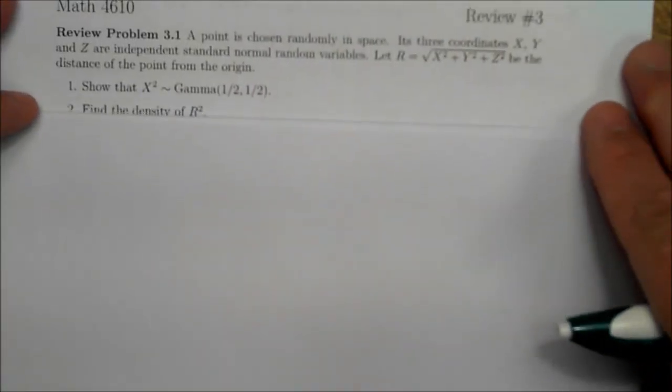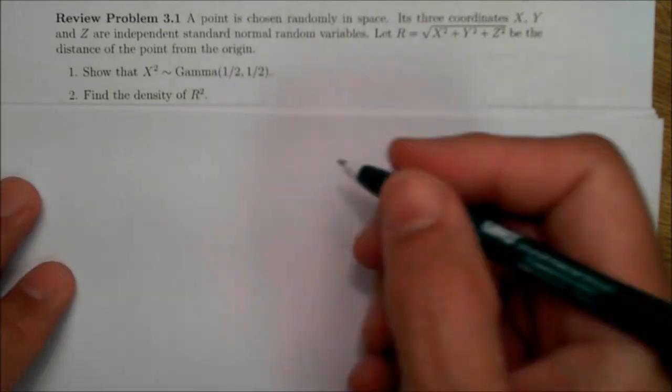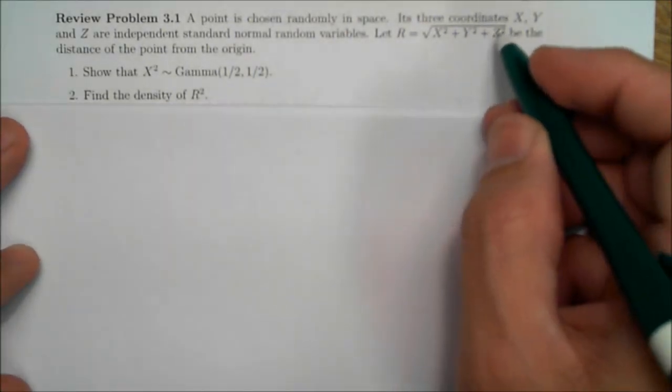Okay, part 2. Find the density of r squared. First off, let's take a look at x squared plus y squared plus z squared.